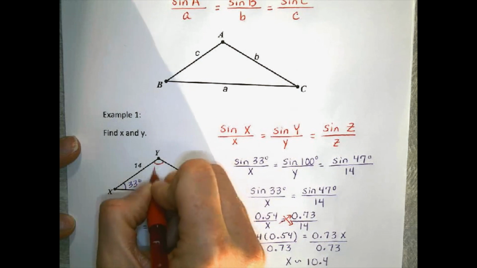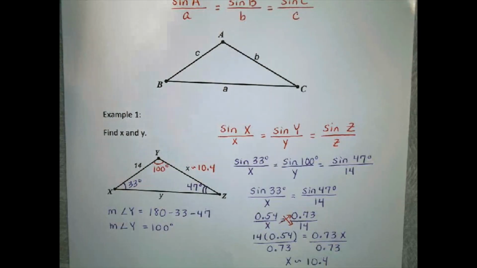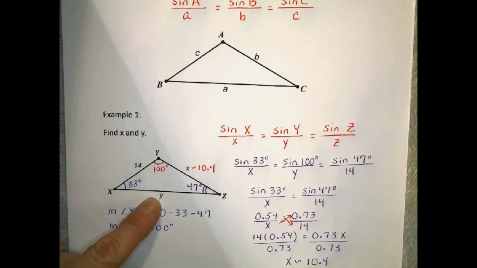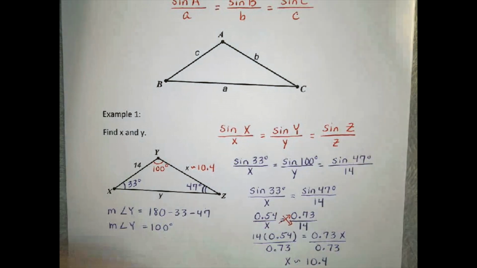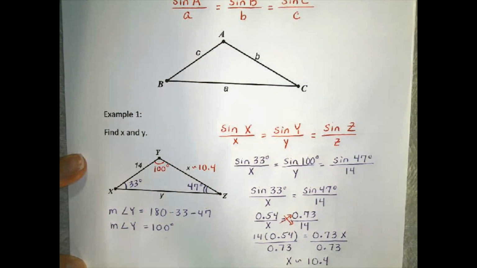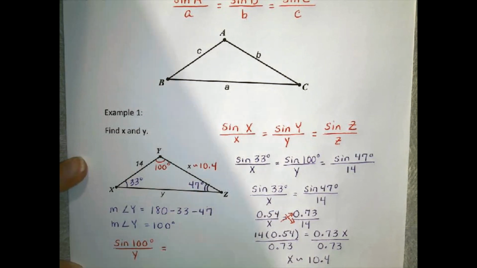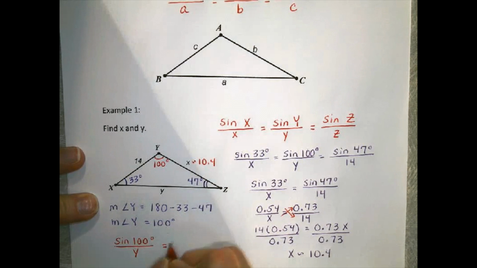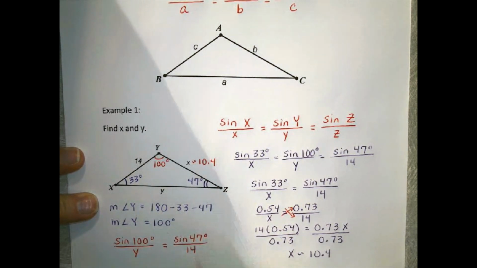In order to find the measure of side y, I'm going to use just this piece of my equation. So I would set that up as the sine of 100 degrees divided by y will equal, again, the sine of 47 degrees over 14. I've already found the sine of 47 degrees.